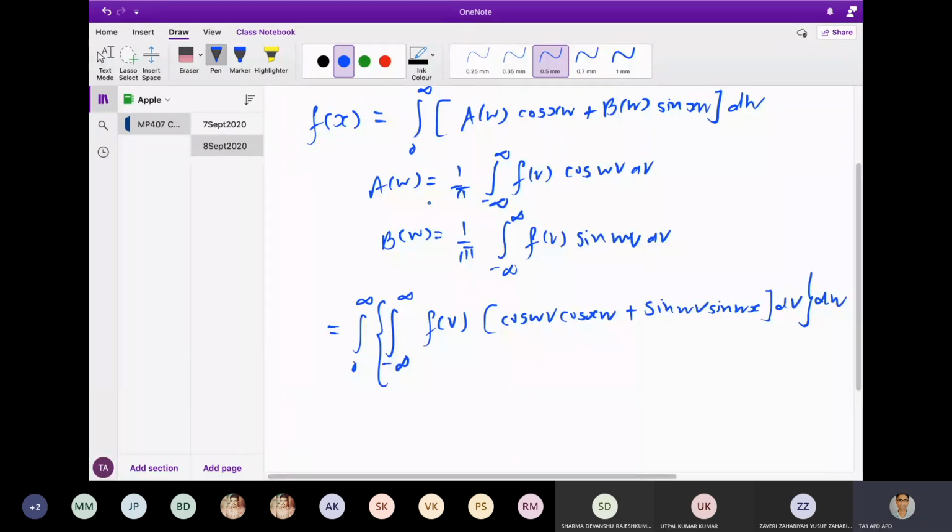I have simply substituted these values of a and b in this equation.